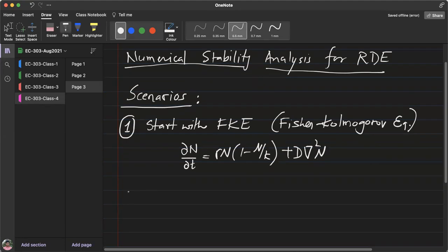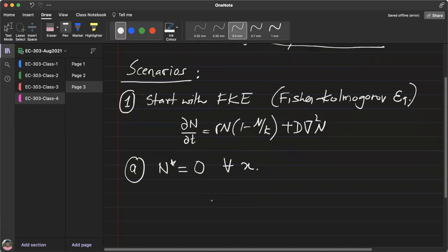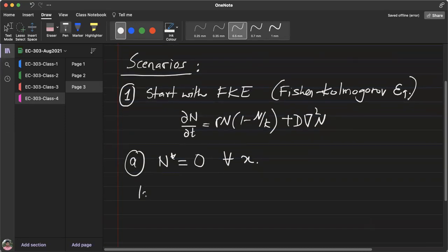And then we start with a homogeneous extinction equilibrium. Think of it as a landscape which doesn't have one specific species of your interest.